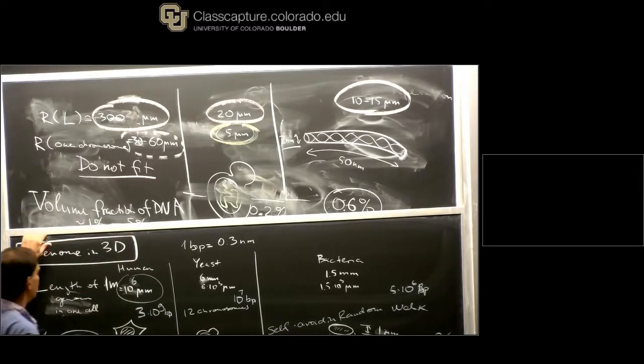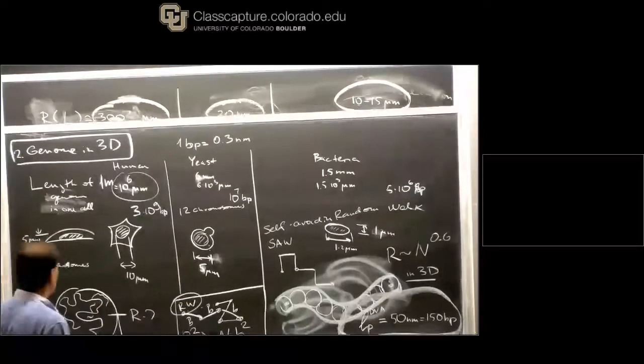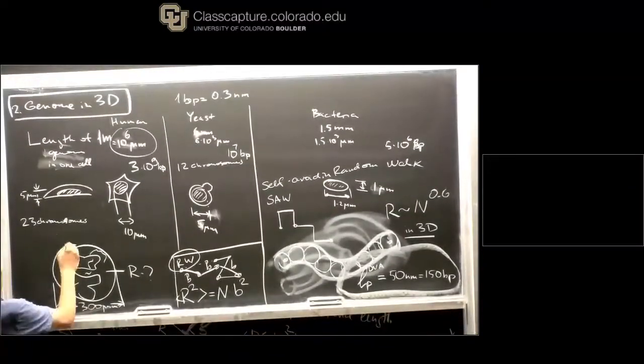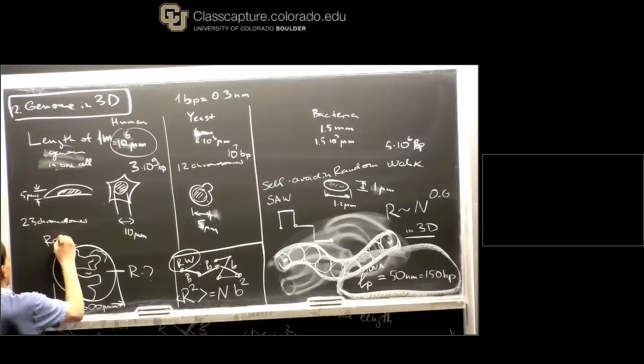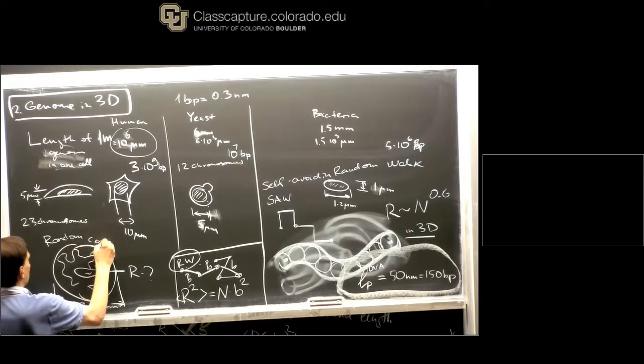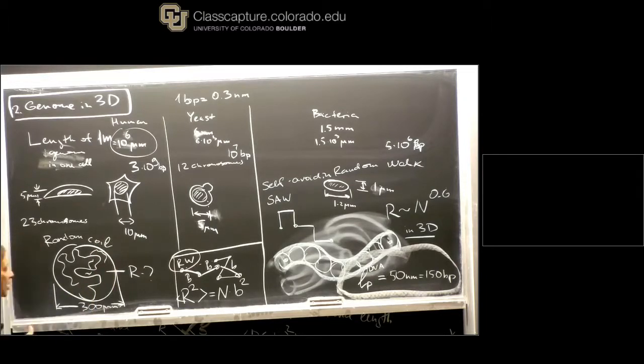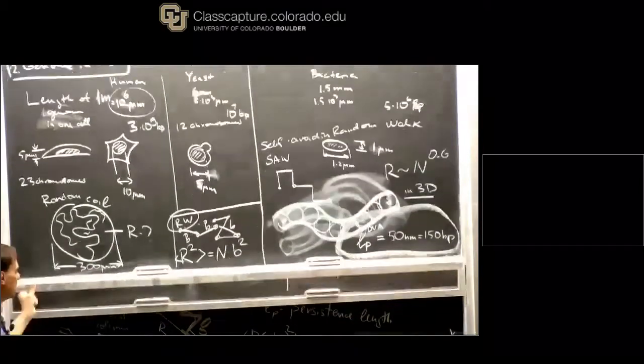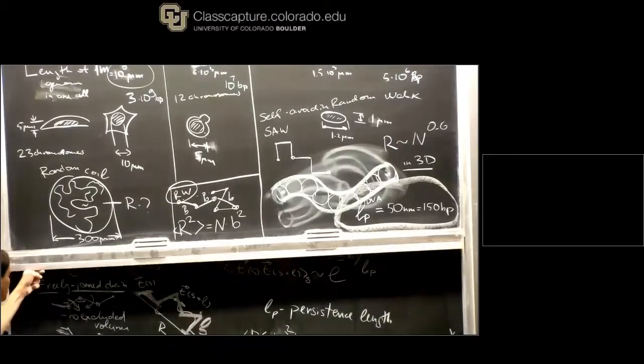So that's actually a terminology that I should have introduced. When we were doing this polymer physics, what we were talking about is a random coil. Random coil of the polymer. That's the state that's described by the freely jointed chain.